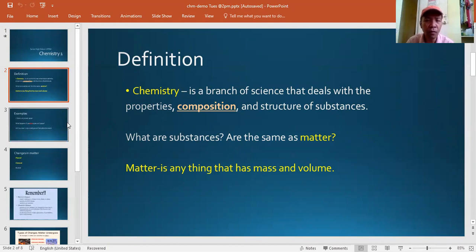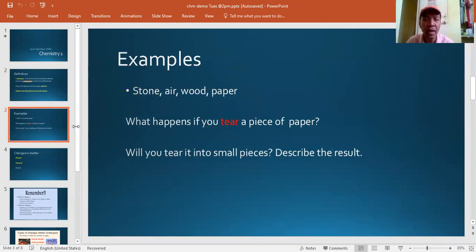Examples of substances: we have stone, air, wood, paper. As long as it is an object, invisible or visible, tangible and intangible, it is considered matter. Now, let's focus on the example, paper.